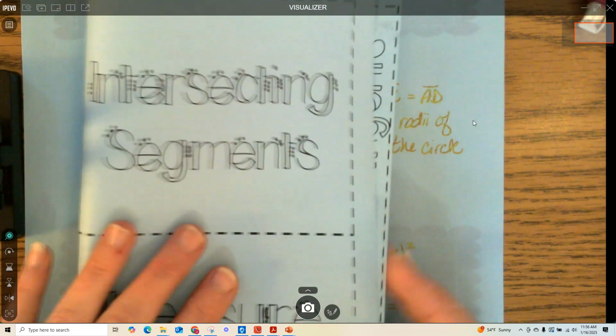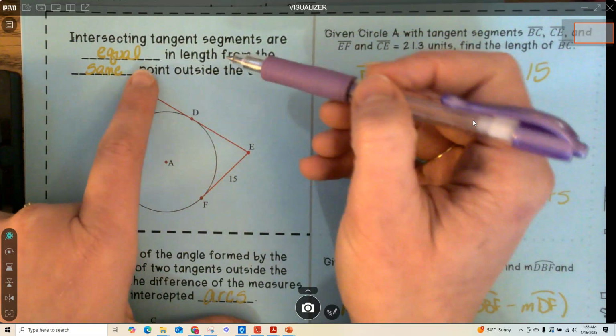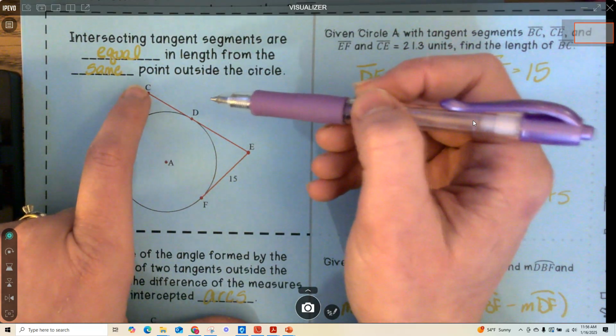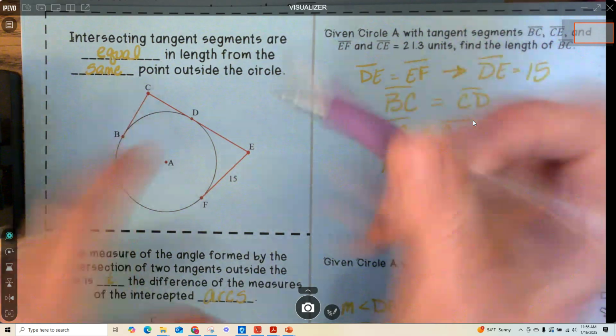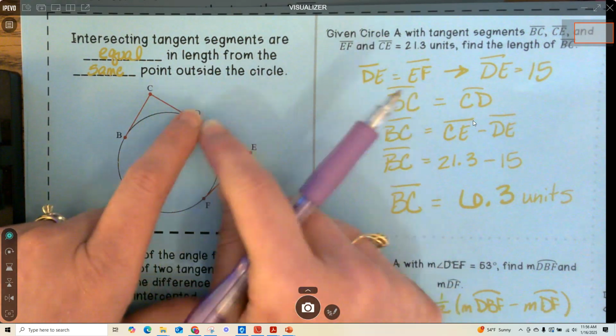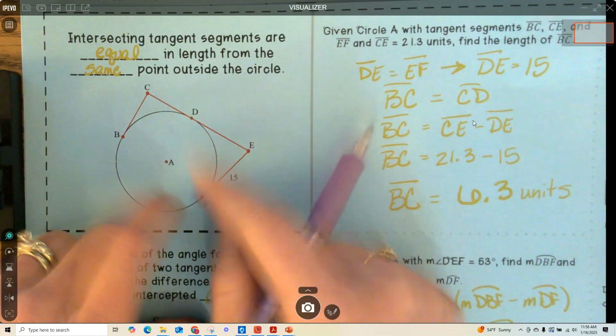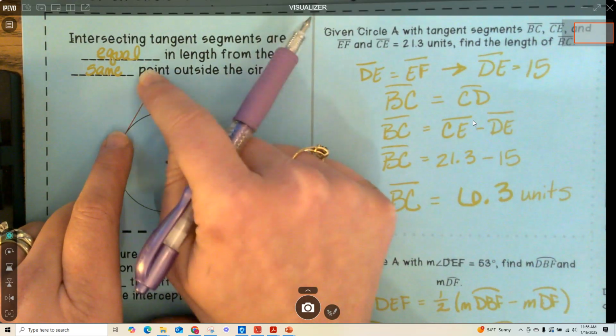The other relationships we have are intersecting segments. Intersecting tangent segments are equal in length from the same point outside the circle. So like this is a tangent, this is a tangent, and this is a tangent.